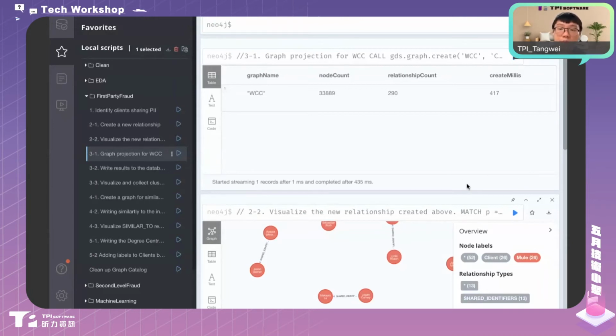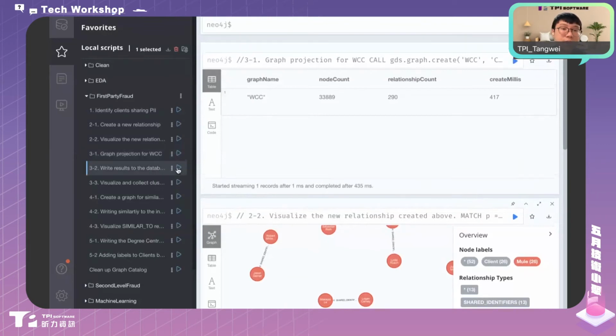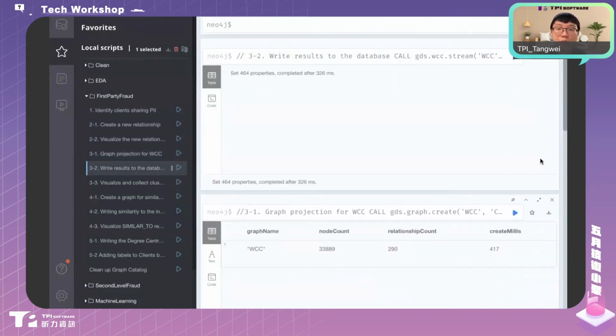So here we will load our graph into memory using native projections. So we choose WCC as our graph name in this tutorial for running the WCC algorithm. Okay, and then we will write the result to the database.